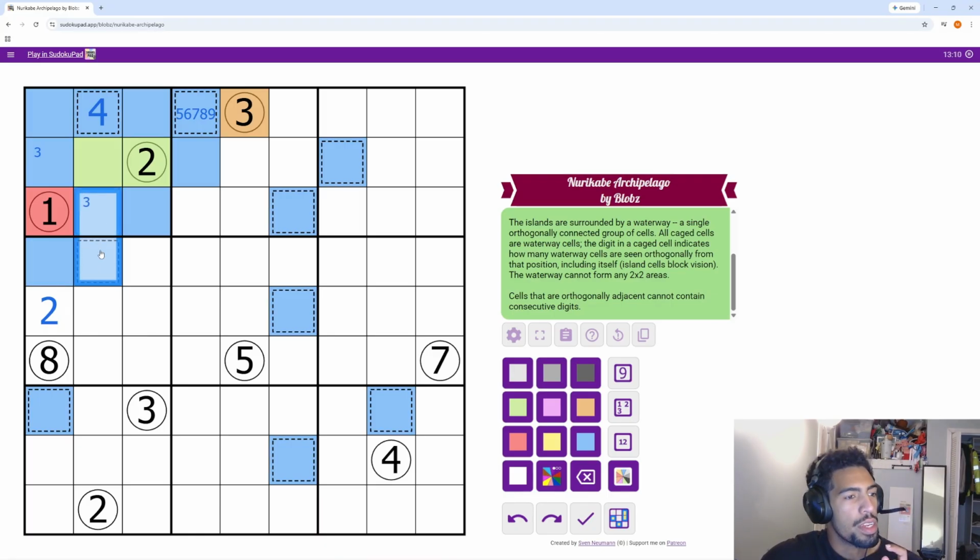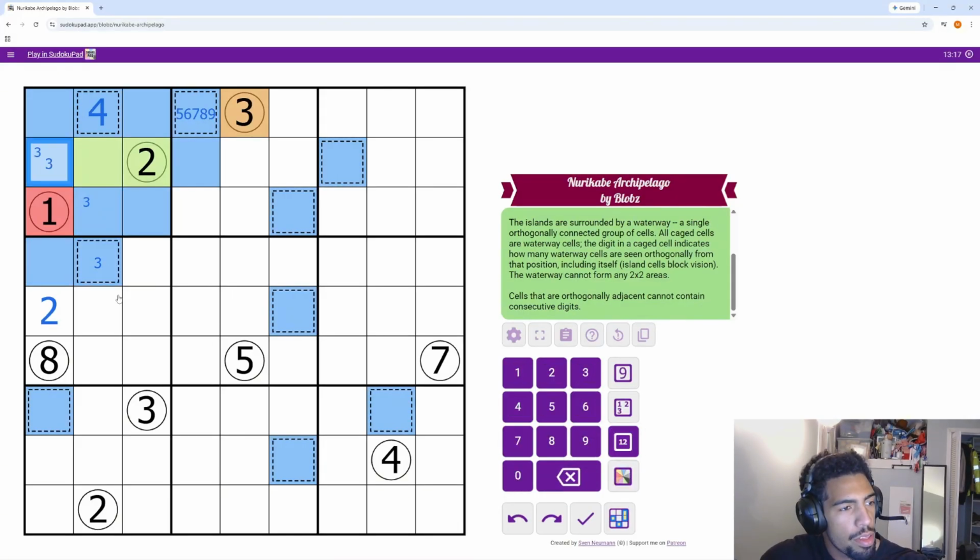Oh no. Sorry, it sees this. So it doesn't necessarily have to. If that was a 3, this could be the 3. And then those are the 3 cells. I guess if it was to grow, it couldn't grow this way. If this digit was greater than 3, then it would have to go downwards.